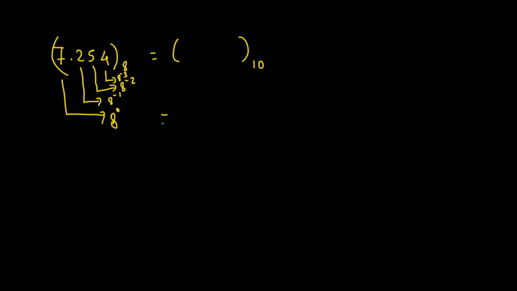Then if we put them in, this is 7 times 8 power 0, plus the 2 is in the 8 power minus 1 location, so 2 times 8 power minus 1, or you can say 2 over 8.